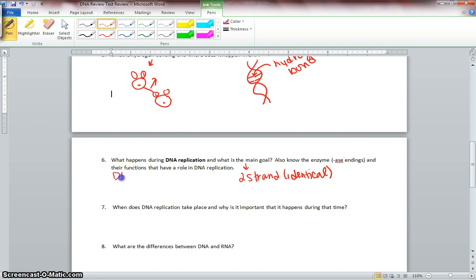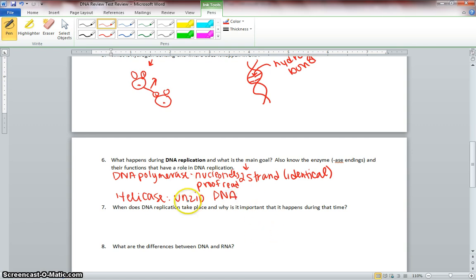We have DNA polymerase, and it's going to bring in the nucleotides and proofread. And then we have our helicase. Remember, that is going to unzip the DNA.